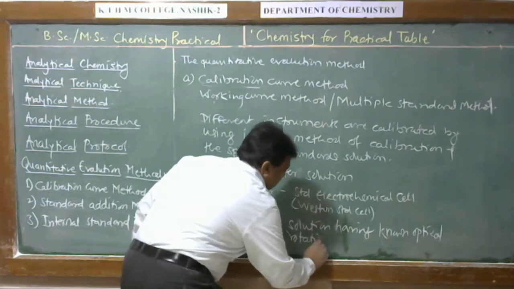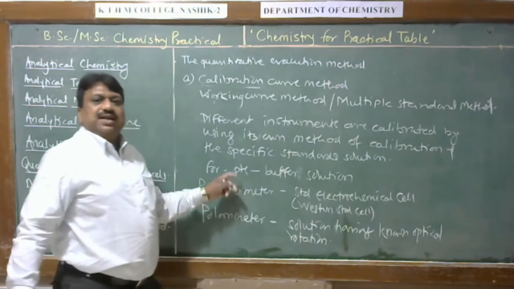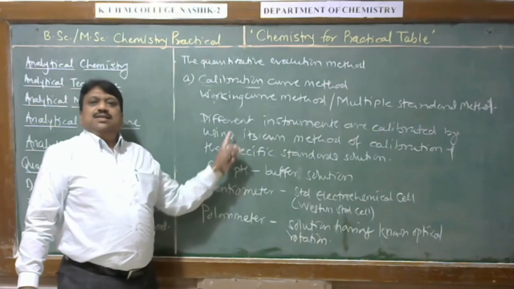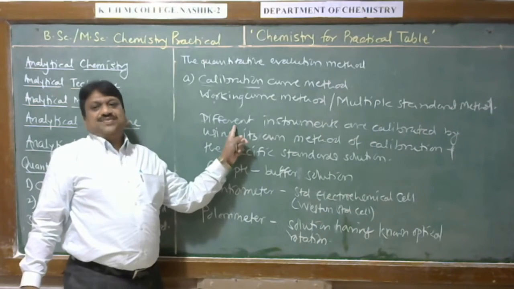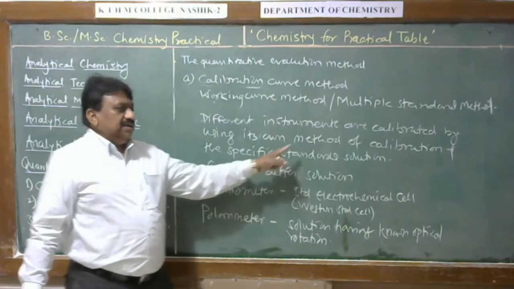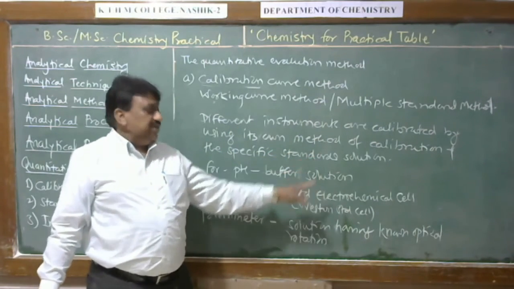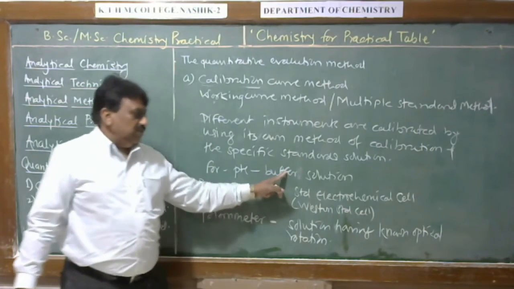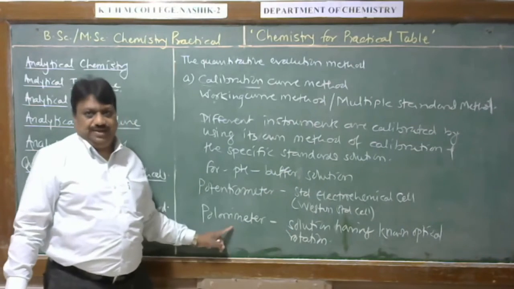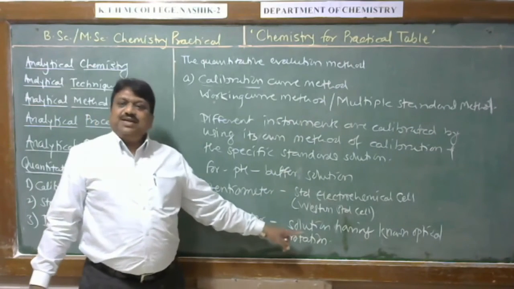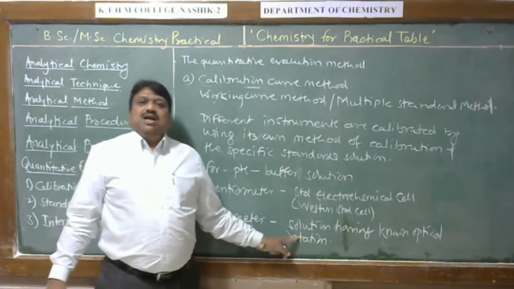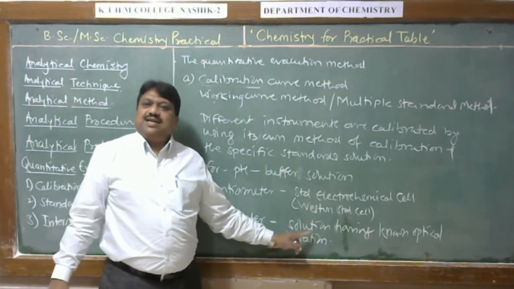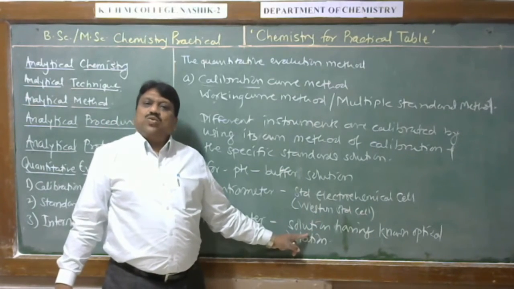In this way, different instruments are calibrated by using their own procedure of standardization and different standard solutions which are required. Buffer solutions are not the solution utilized for calibration of polarimeter, because polarimeter measures the optical rotation, and therefore we have to select a standard solution whose optical rotation is known.